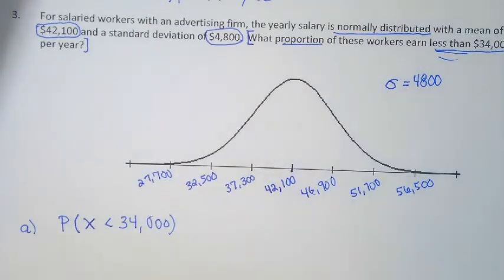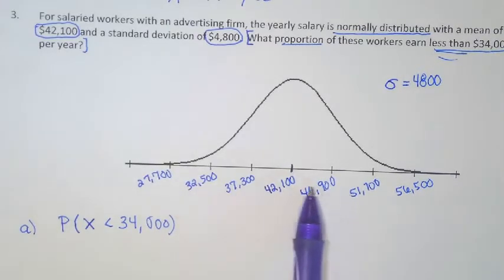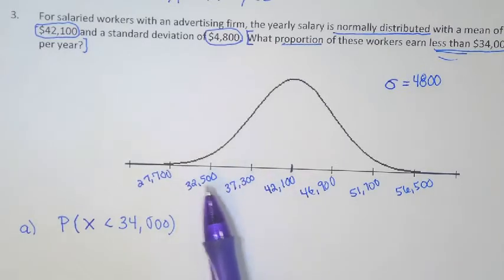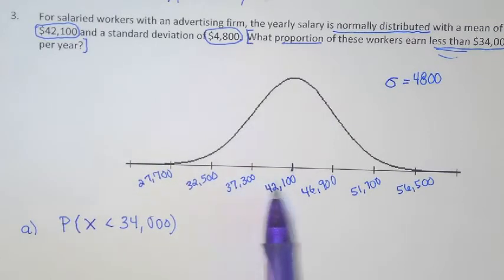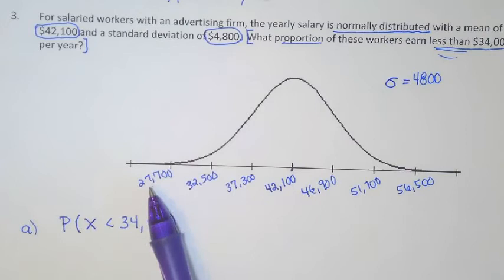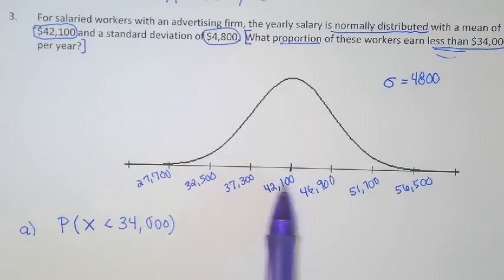Next thing we want to label is the value we're trying to find the probability of. We were trying to find the probability that a random worker earns less than $34,000. So I want to label where 34,000 is on the number line. That's why I like to calculate out what each of the standard deviations are, so I can make sure I'm accurately placing where that value, in this case 34,000, should be located on the graph.